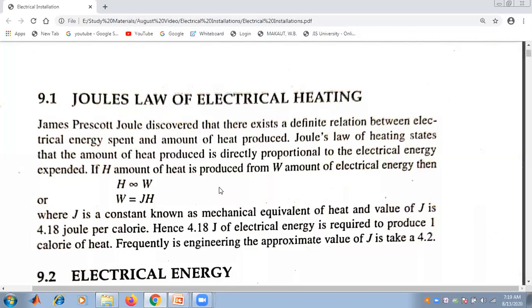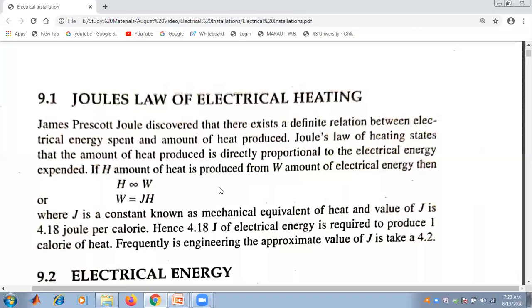James P. Scott Joule discovered that there exists a definite relation between the electrical energy spent and the amount of heat that is produced.